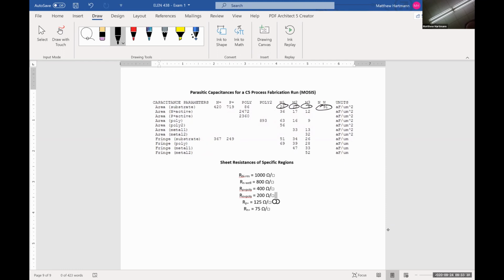Then active regions, which we haven't talked about yet, metal 1 to poly 1 and poly 2, metal 2 to poly, metal 3 to poly, and then we also have metal 2 to metal 1, metal 3 directly to metal 1, and then metal 3 to metal 2, like that. So these are all area capacitances. We have information on all of those.